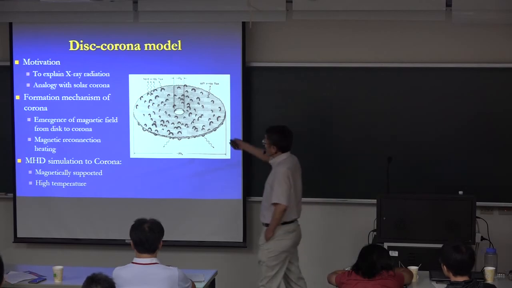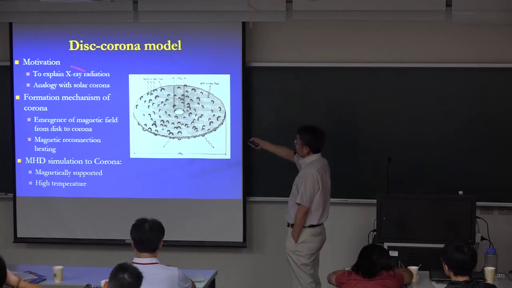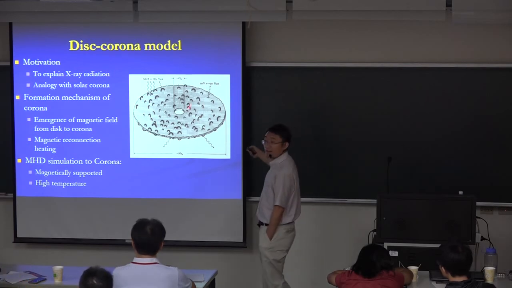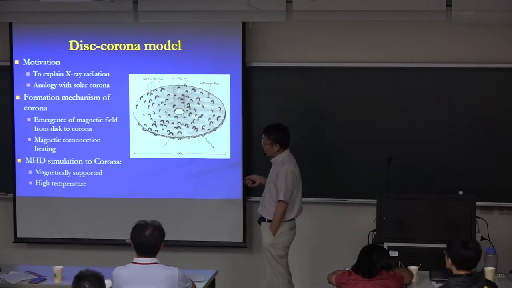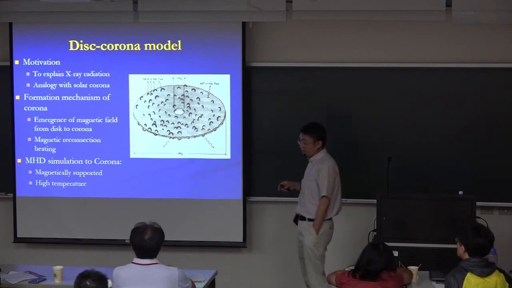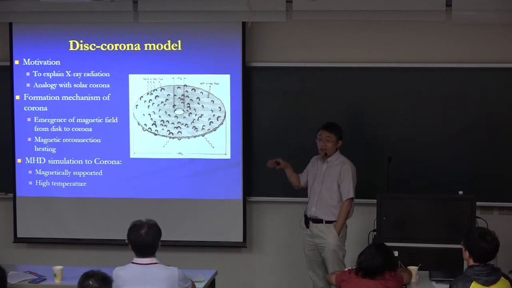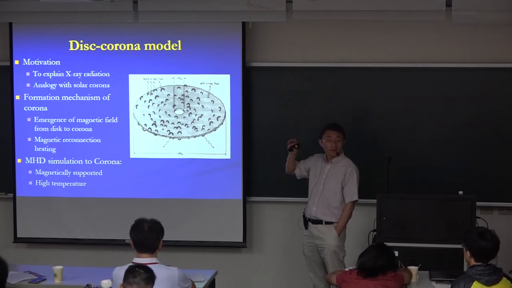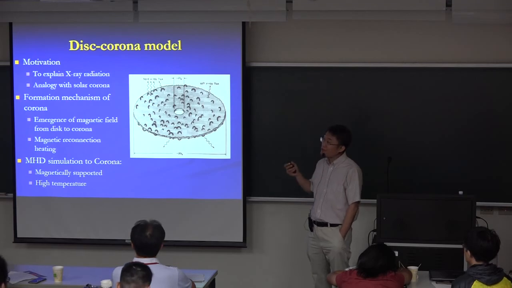What is the corona? The initial motivation for this disk corona model is from solar physics. In our sun, we have a photosphere, we also have a chromosphere, and above it we have a solar corona. So this is the origin of the corona concept.